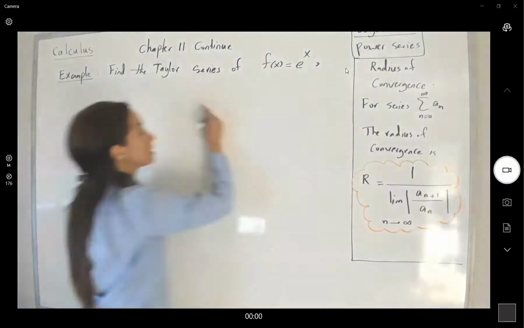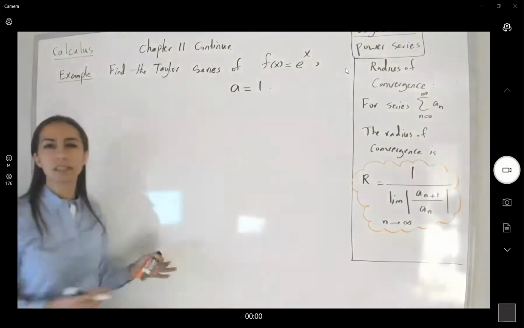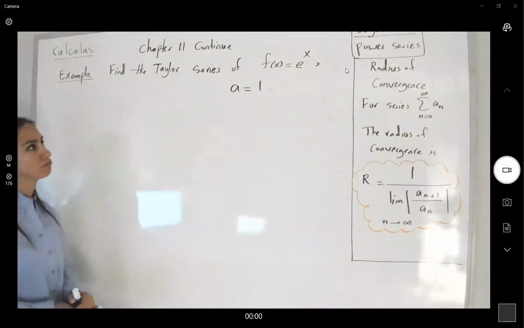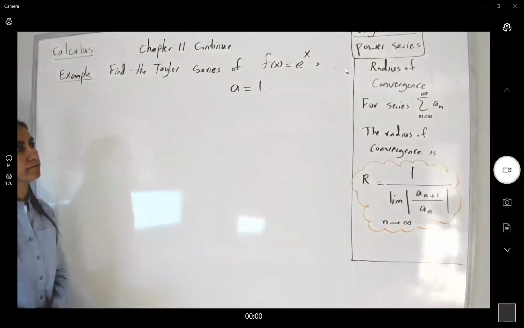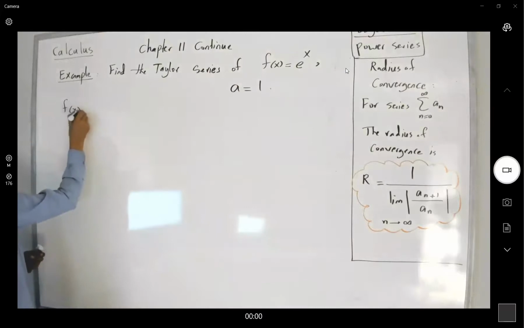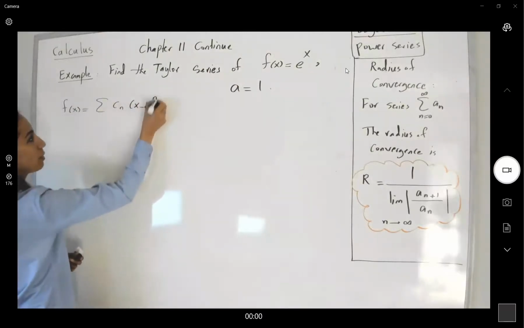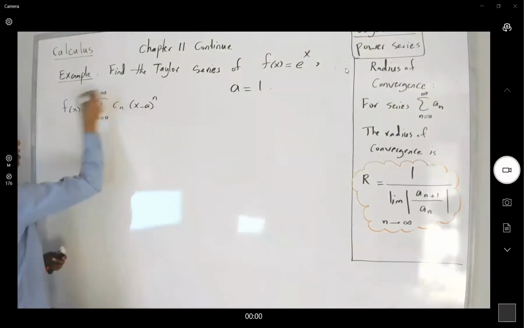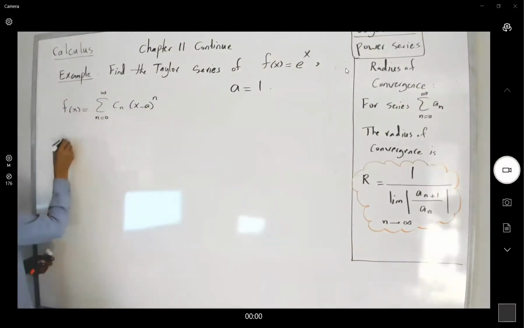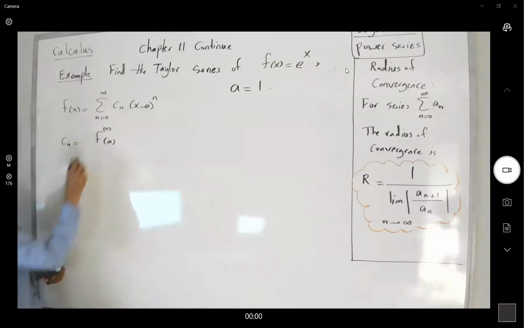Since we are dealing with a Taylor series, we need to have a, the center. Suppose your center is equal to 1. Very well. Remember that the Taylor series is f of x equal to the sum of C_n times (x minus a) to the power n, from 0 to infinity, and C_n is nothing but the nth derivative of the function evaluated at a, over n factorial.